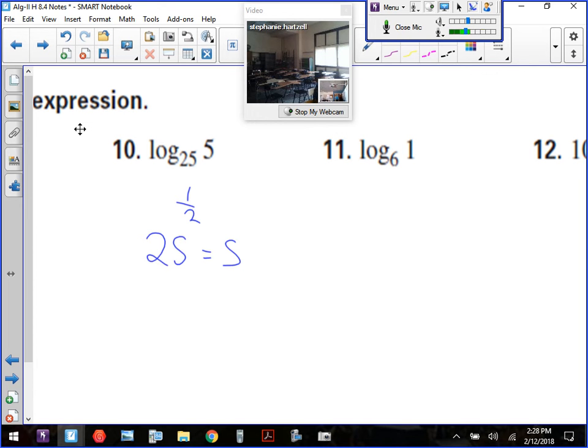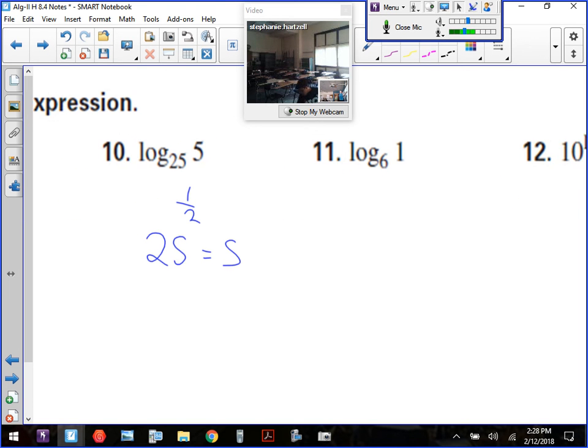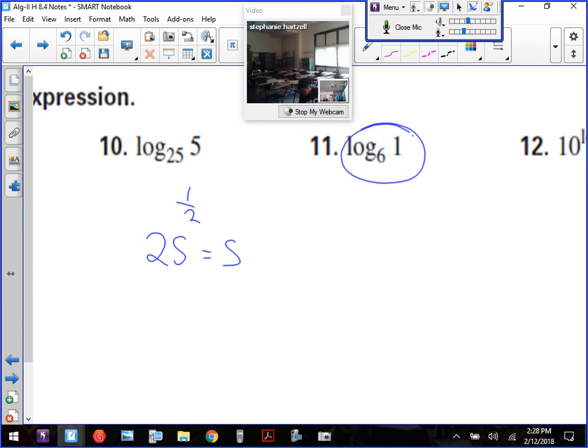Okay. Now, excuse me. Log base 6 of 1. Remember what that means. It means 6 to what power is 1? 0. Properties is why I put them back in there so you don't forget those. They come back and forth all the time.